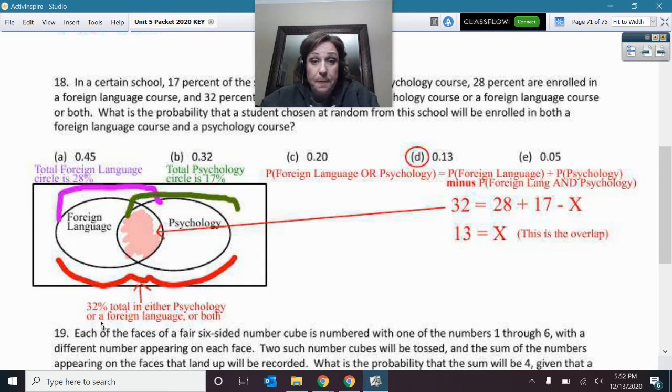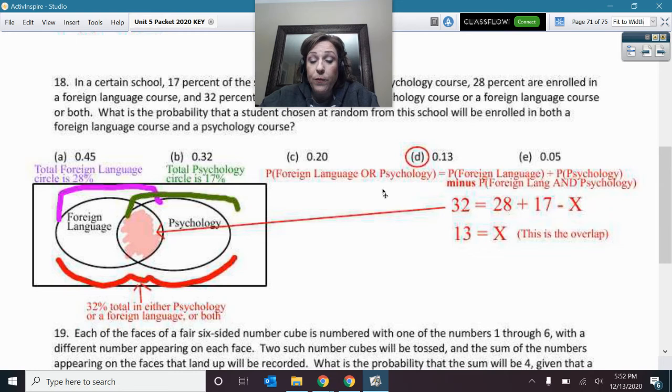The problem is that if you added your 28 plus 17, that's more than 32%. In fact, how much is that? 45%. Because of that, we can see that this is the area that gets double counted.